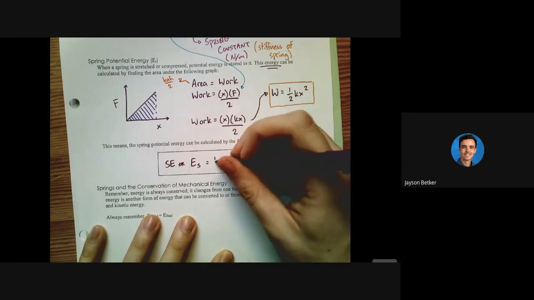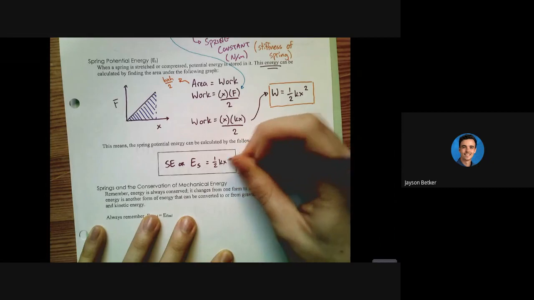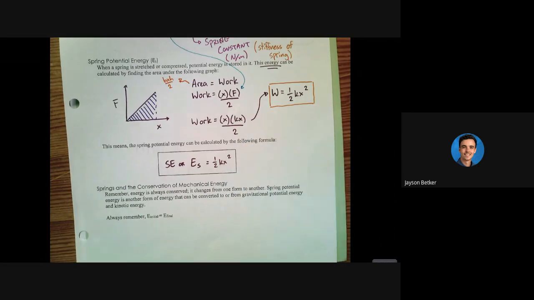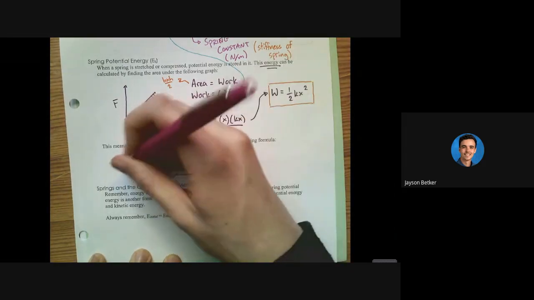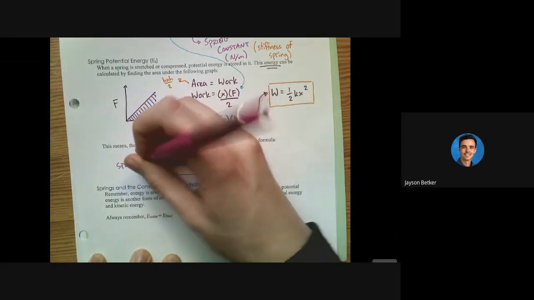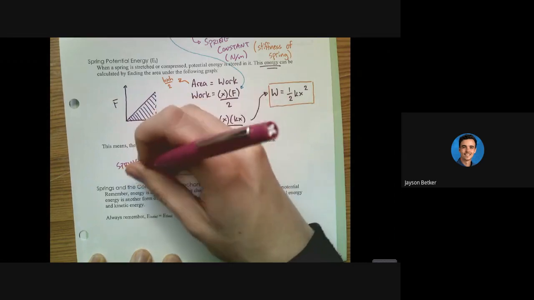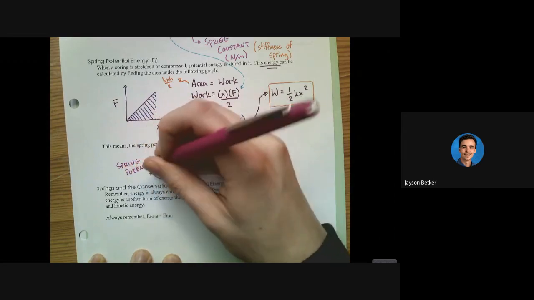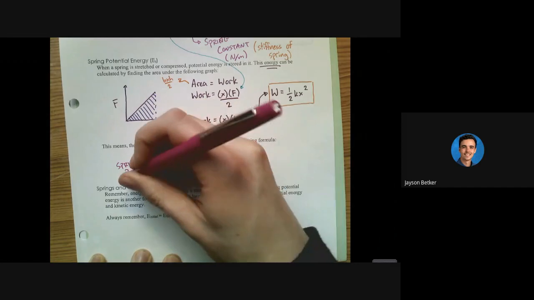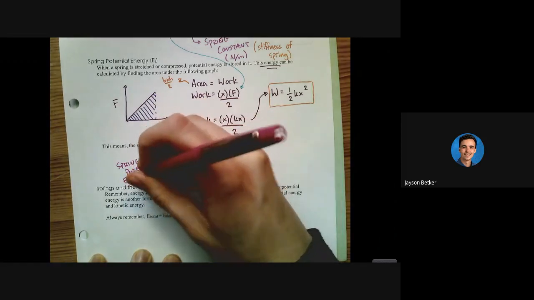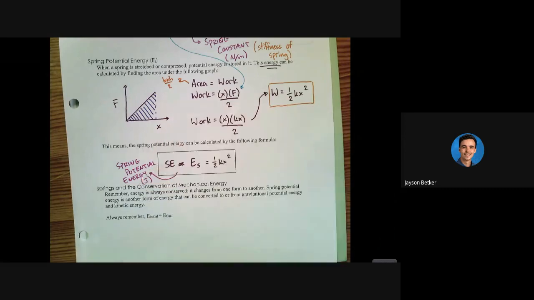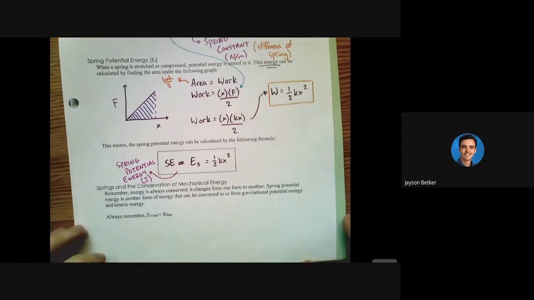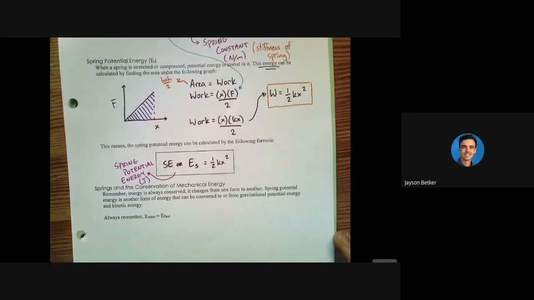Equals 1/2 kx squared. And this just represents the spring potential energy. And it's energy, so we measure it in joules. So there you have it. There's our new formula that we're going to use.